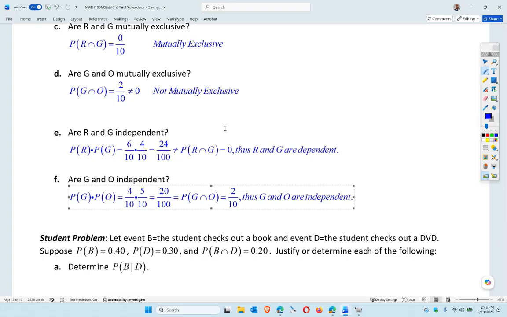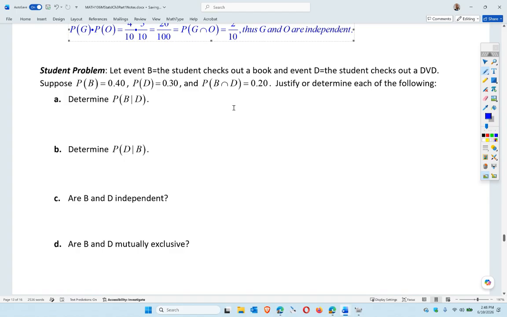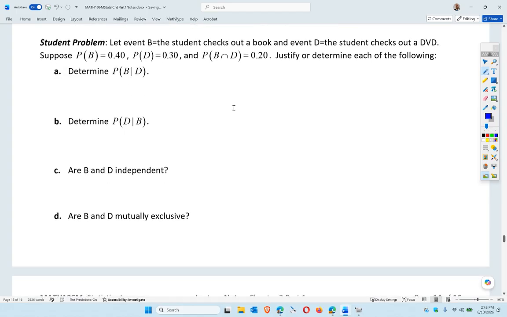Okay, student problem. Let's say the events B is you check out a book, D is you check out a DVD, and these are the probabilities that are given. Justify the following.